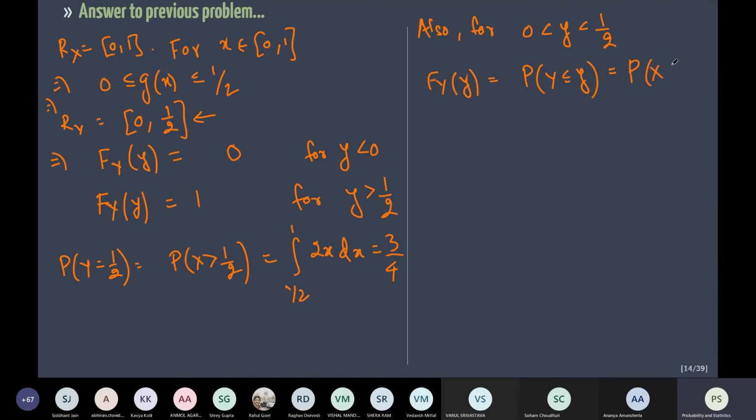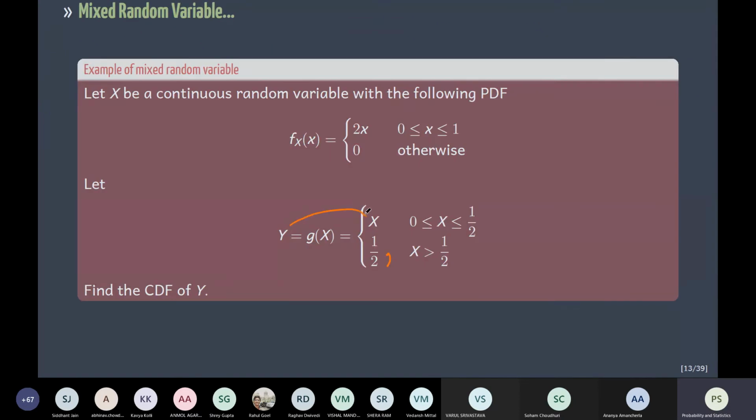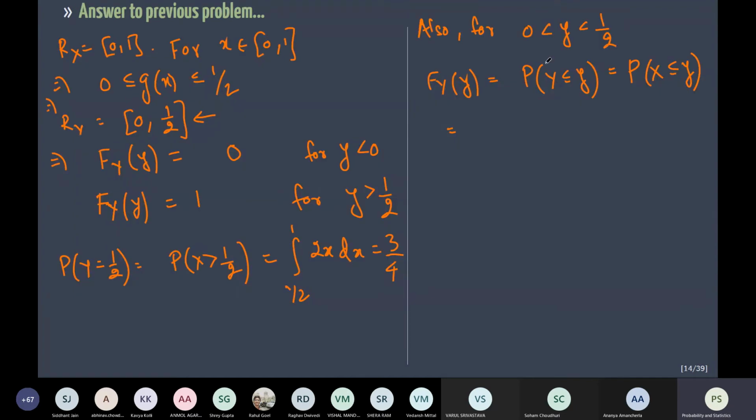So this is X less than or equal to y. Y is equal to X in this range of half, right? Because I'm fixing my range to be half, I can substitute Y by X. So this became in terms of X.